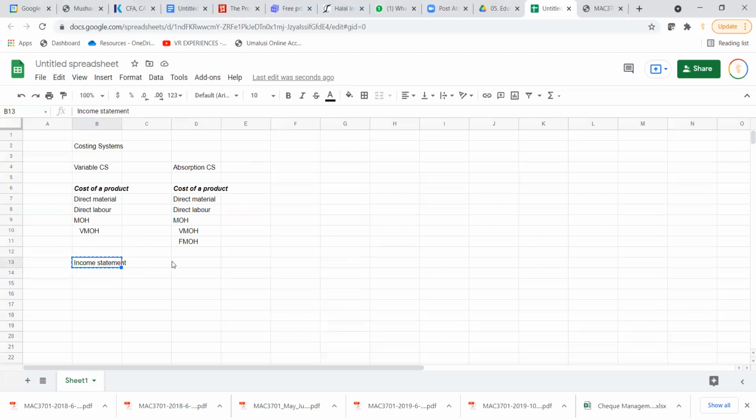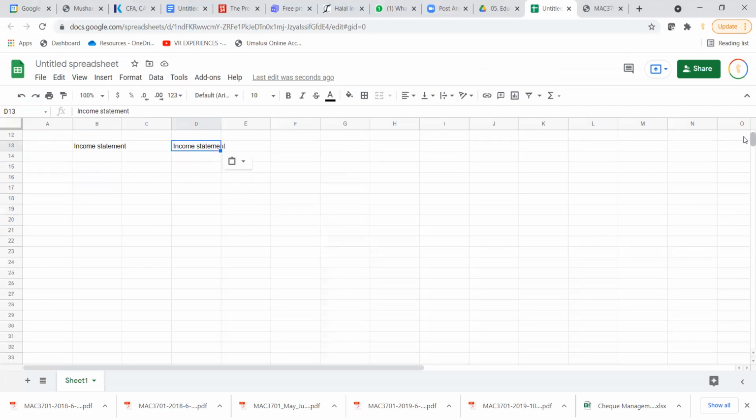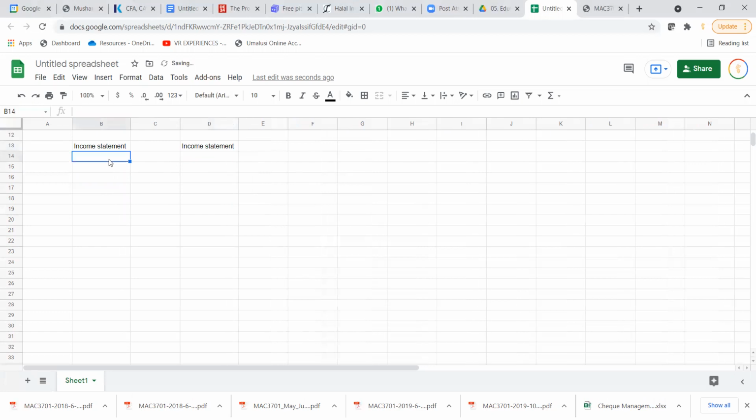So now let's work out the income statement, and here you're going to see a big difference. Under the variable costing system, how does an income statement look? Under the absorption costing system, how does an income statement look? Both start with sales.